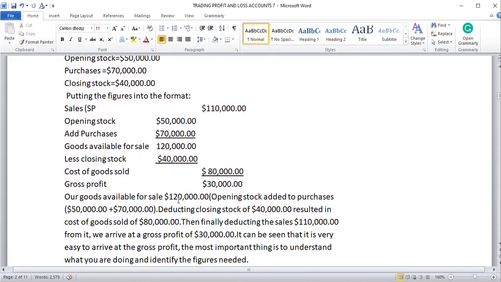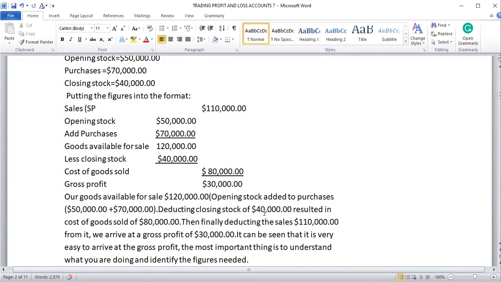Our goods available for sale is what? $120,000, which is this. How do we get it? It is the opening stock added to the purchases, that is the 50,000 added to the 70,000, which is this plus this. Then we get this.